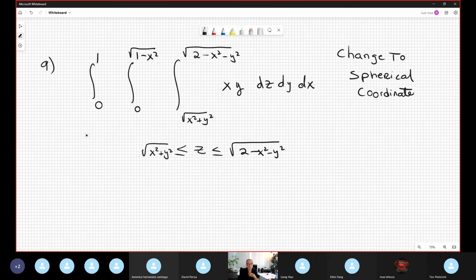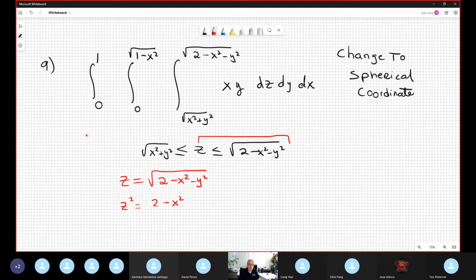Okay? You take separately this piece and you take it like an equation. I try to manipulate only to understand this equation. You square both sides because this square root is not good for me. So z squared is equal to 2 minus x squared minus y squared.